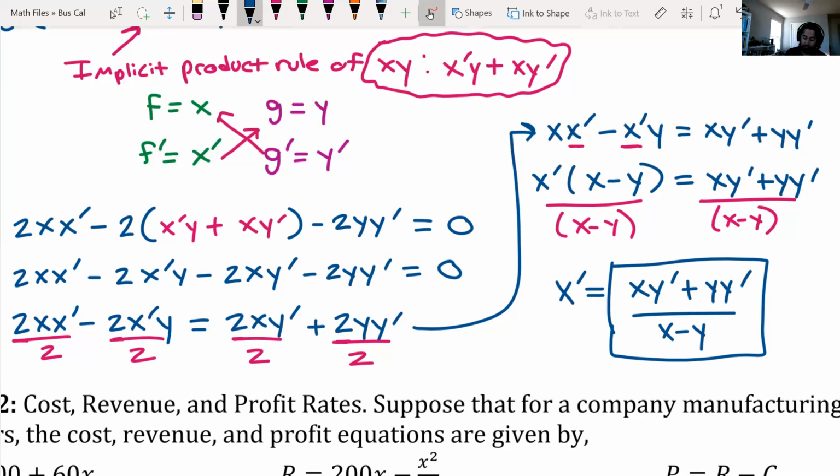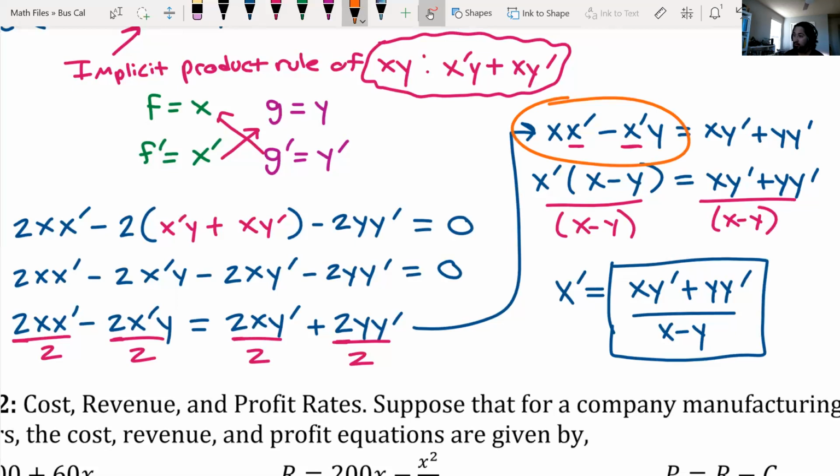So why do we divide by x minus y? Because we're solving for x prime. So we have to get x prime by itself. Because on this step, I factored out an x prime. Okay, I see that now.